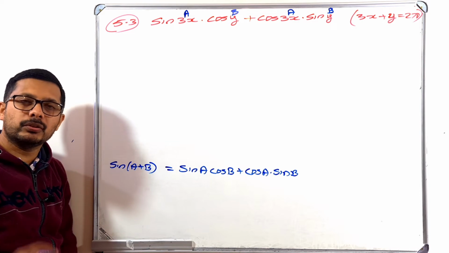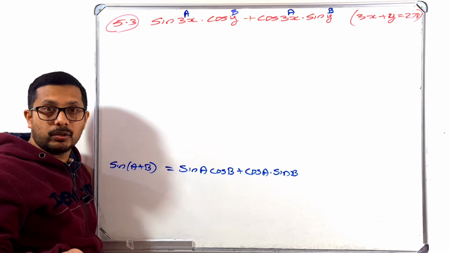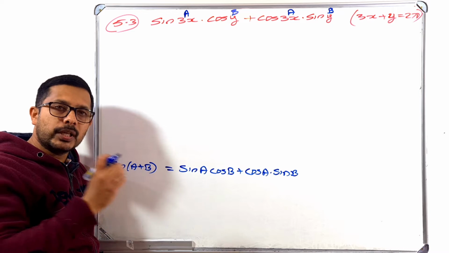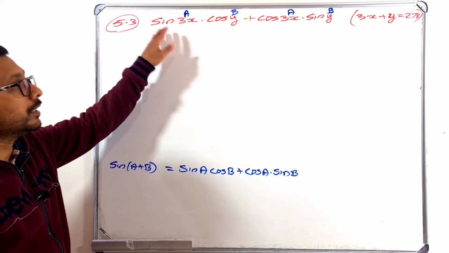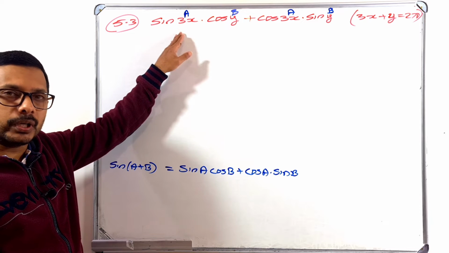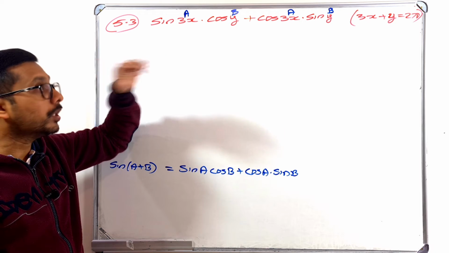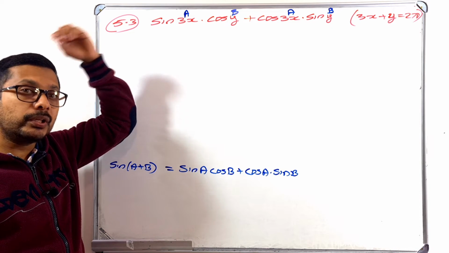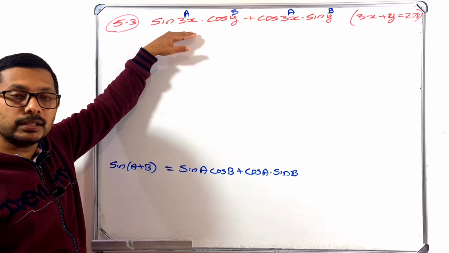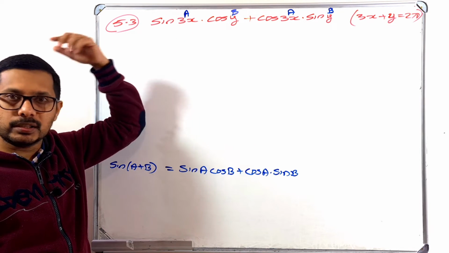So that's why I told you it is better, even though this formula is at the back of your question paper, to learn this formula by heart. Then when you see a question like this, you can compare it with the formula that is in your mind.